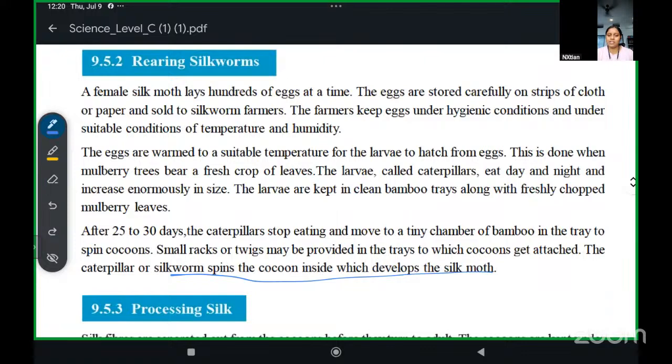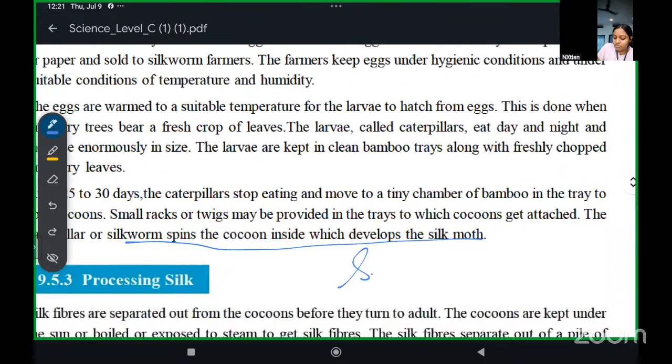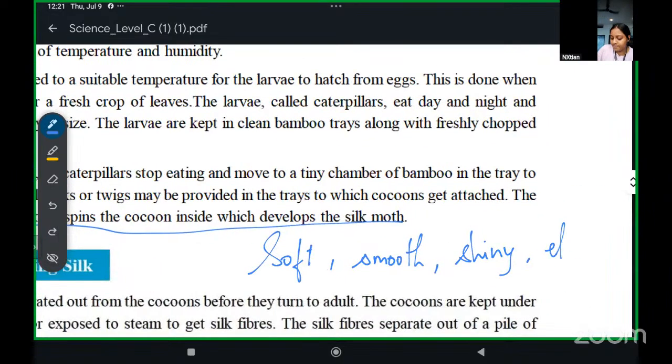I don't think they produce threads like that. The silkworm's cocoon produces threads which are soft, smooth, shiny, and one more quality, elastic. These are the qualities of the silk clothes that we buy.